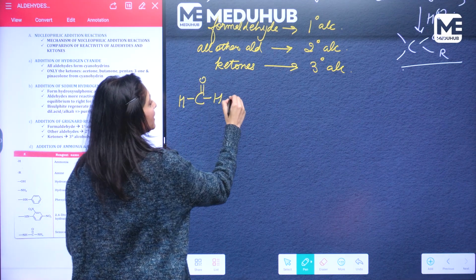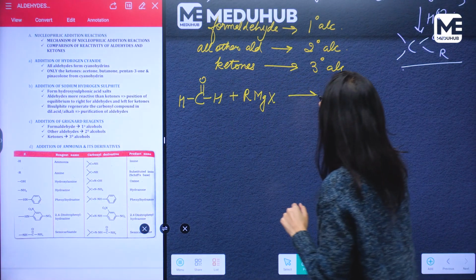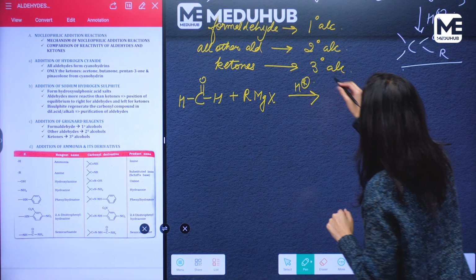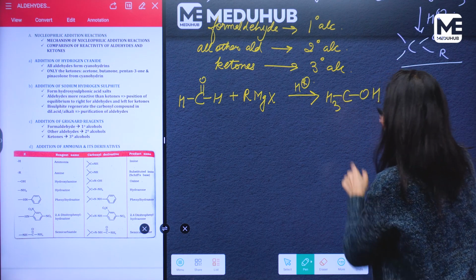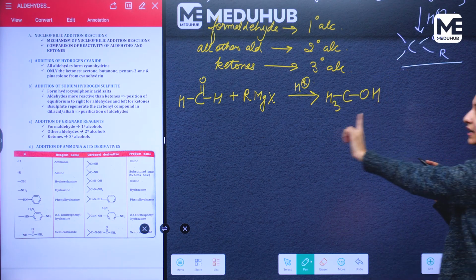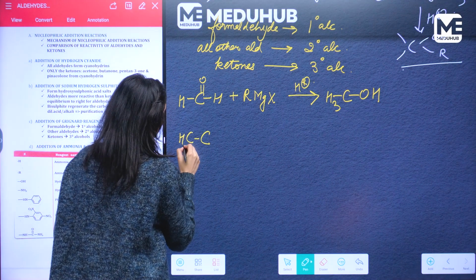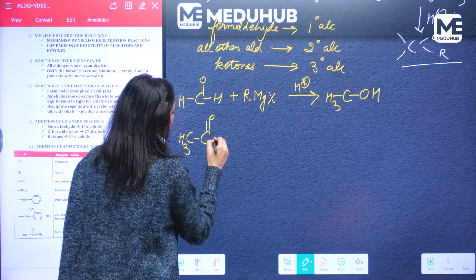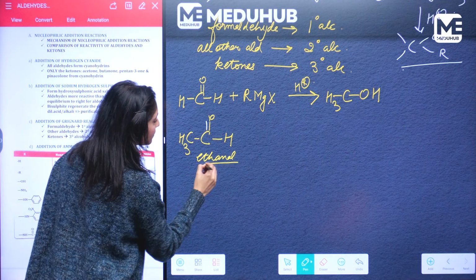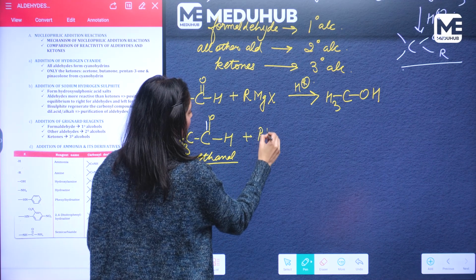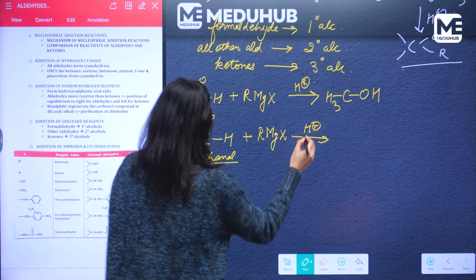So this is formaldehyde. This will react with RMgX to give this alcohol. This is ethanol, 1 degree alcohol. If we have ethanal, this will react with RMgX, acid.